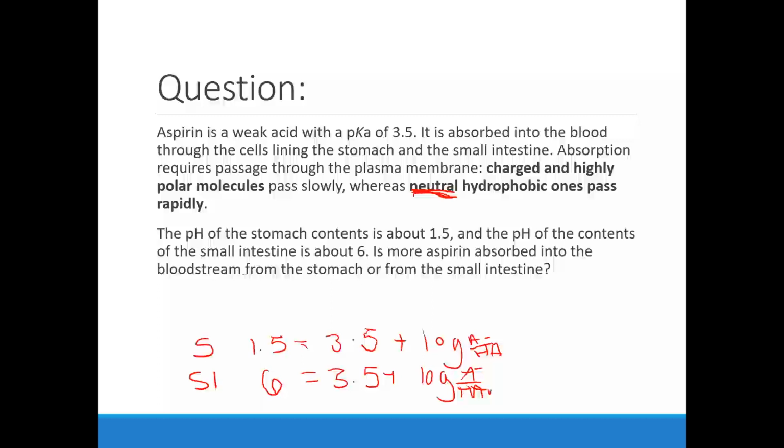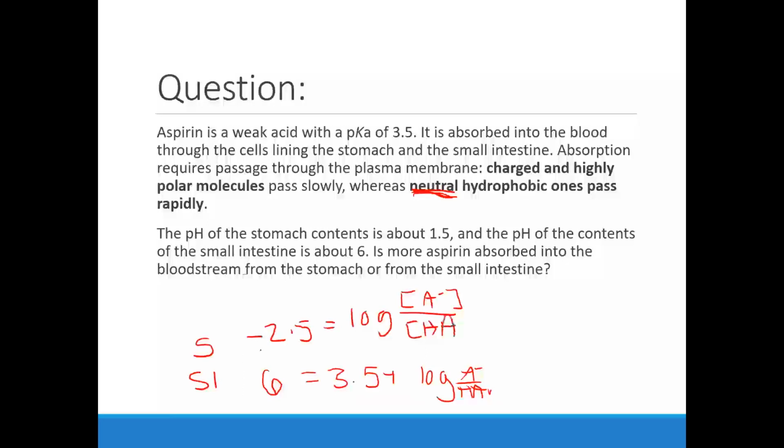We get 1.5 minus 3.5, which will give us negative 2.5 equals log of the concentration of A minus over the concentration of HA.